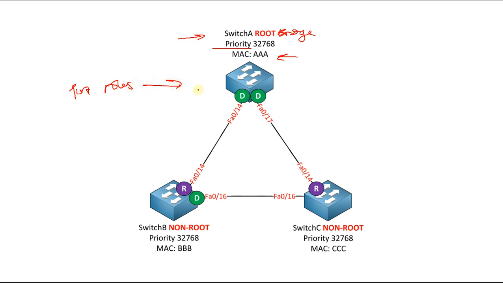in this diagram. In the RSTP, same as the STP, in the root bridge, all the ports become designated ports. Okay, and in the non-root bridge switches, the port that is directly connected to the root bridge becomes the root port.